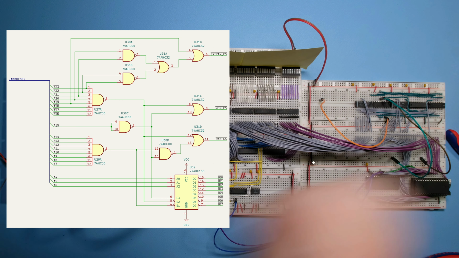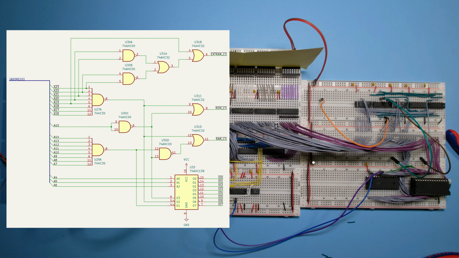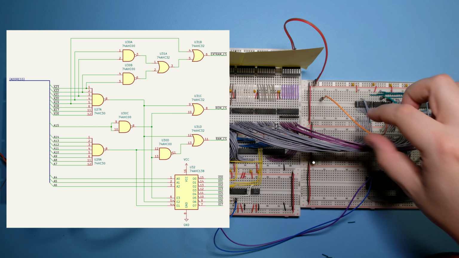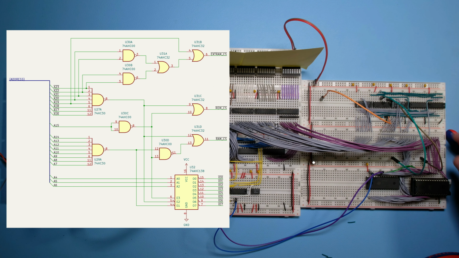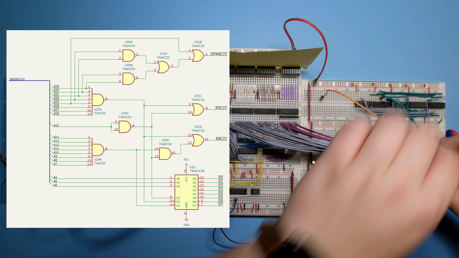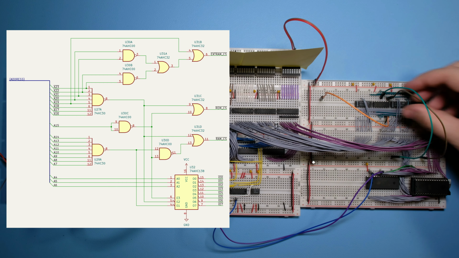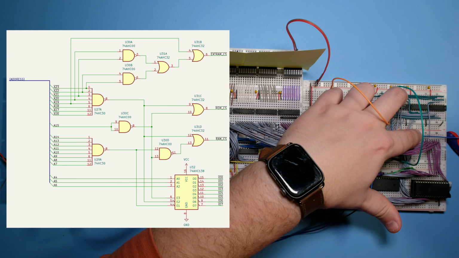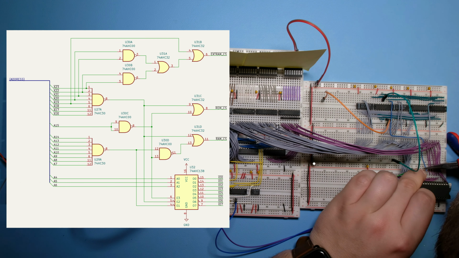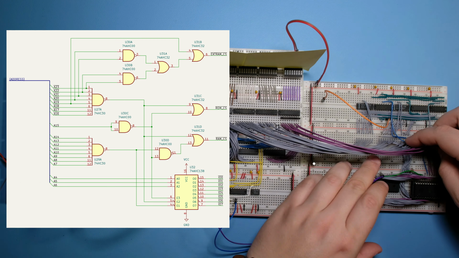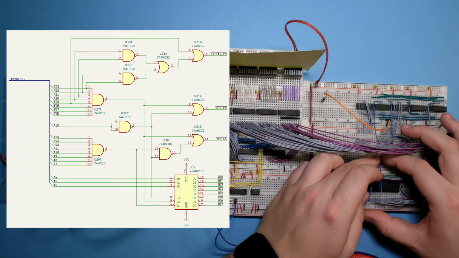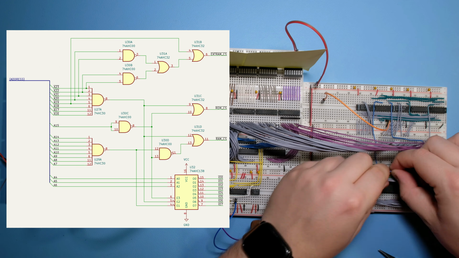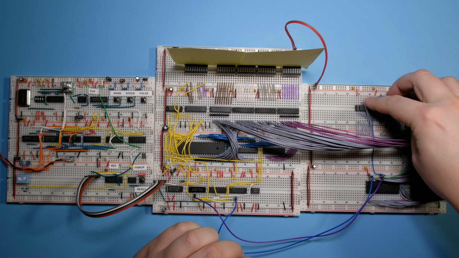Okay, so this is all the pins here connected. So we have our 3 chip selects here, and then the 74138 to do the I/O decoding. So let me just replace these with wires. Okay, this should be everything.